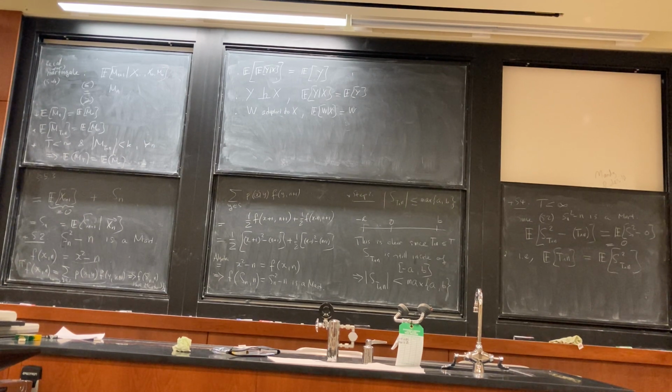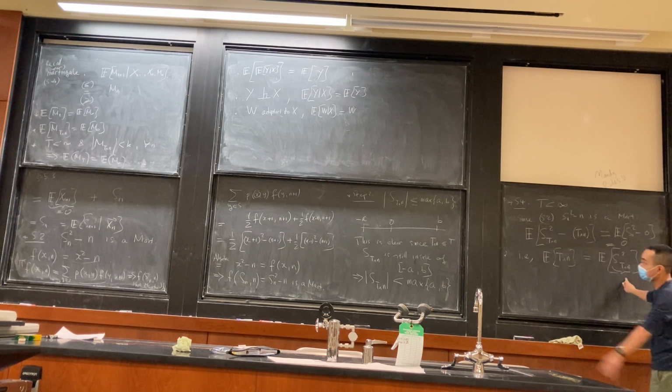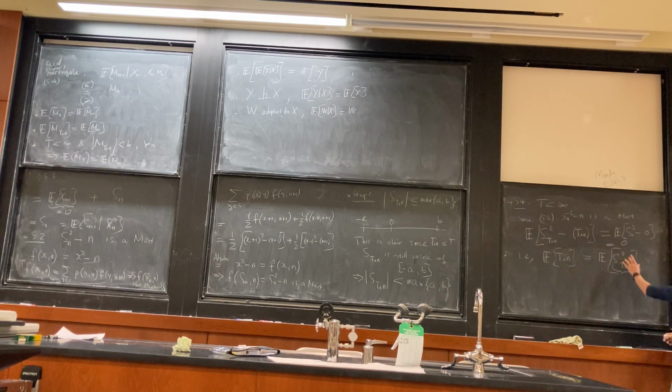But what do I know about this? What is the maximum value of that random variable? We know this from step 3. The square is always trapped by the maximum of a squared and b squared.